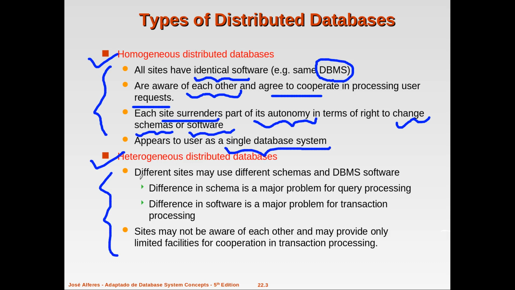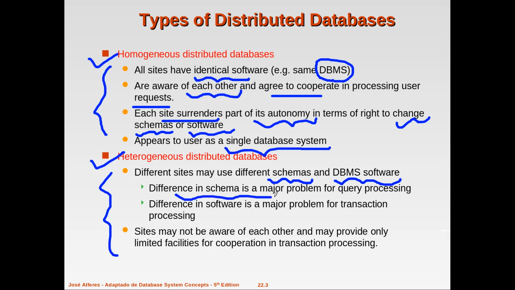The main thing is the different sites will be using different database models or schemas, and also different database software. Maybe one site is using MySQL software, some other site will be using Oracle, some other site will be using some other database system software. So that may be the situation. It won't be uniform for all the sites. So it will be slightly complicated when compared with homogeneous distributed databases.